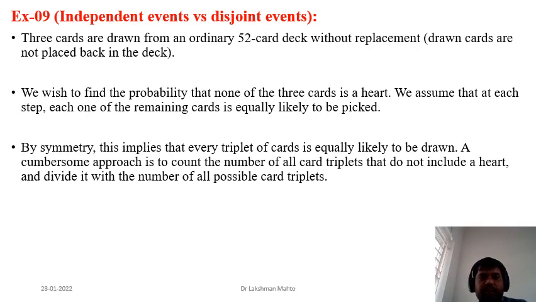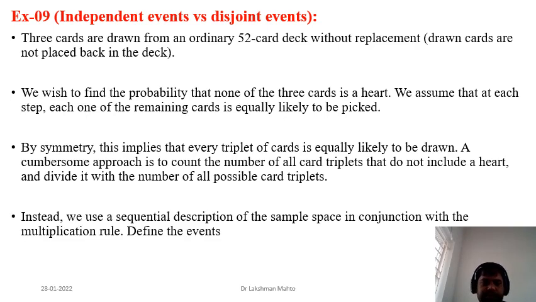By symmetry, this implies that every triplet of cards is equally likely to be drawn, and a cumbersome approach is to count the number of all card triplets that do not include a heart and divide it by the number of all possible card triplets.